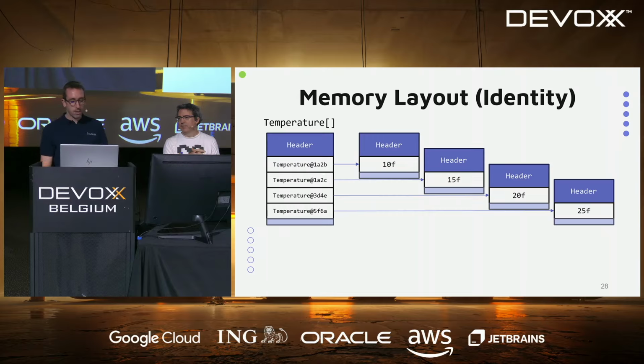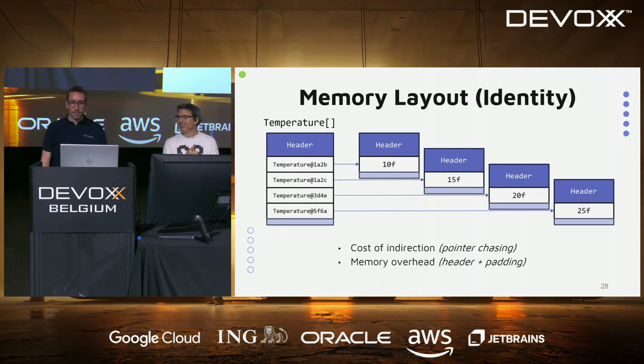So as you can see, we have two main issues. The first one is the cost of indirection. For instance, if you are iterating over your array, you will be chasing the pointers. They might be scattered in memory, and that's really inefficient. And the second cost is the memory overhead.